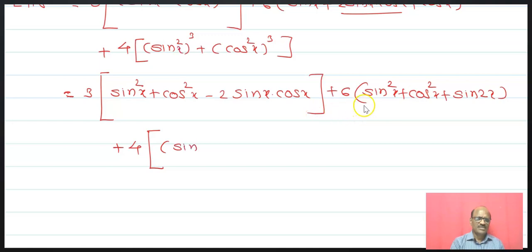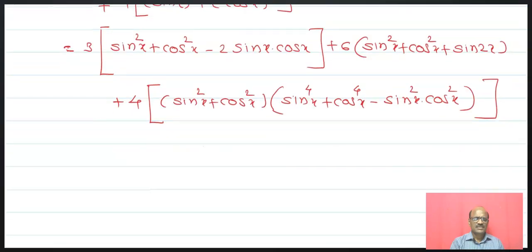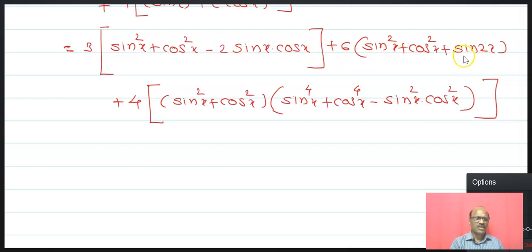Plus 6 times (sin square x plus cos square x plus 2 sin x cos x). That 2 sin x into cos x is nothing but sin of 2x. See this here, this is the expansion.